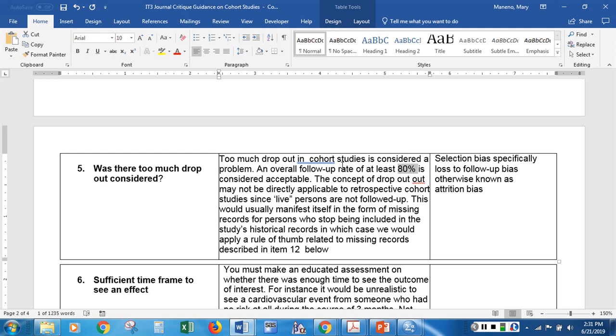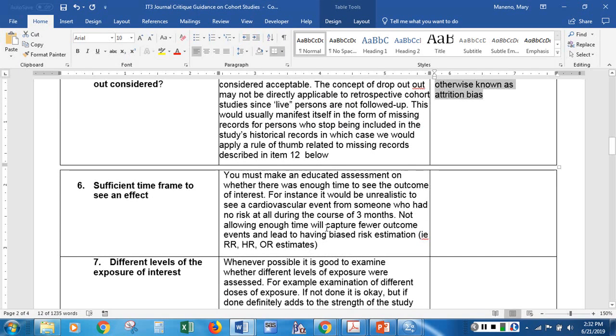Whatever you pick, just be able to justify it in your write-up, and then tell me that this is potential for selection bias, specifically loss to follow-up bias. This is not applicable to the study we're reviewing now, but we're going to address it in the form of missing data through item 12.